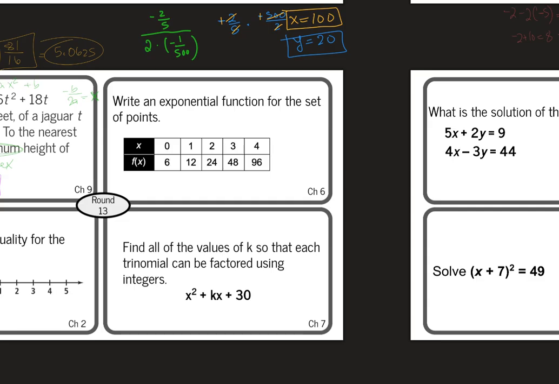Write an exponential function for the set of points. Well, what's happening is we are multiplying by 2, multiplying by 2, multiplying by 2, multiplying by 2. So what that means is it's going to be, well, here's our parent function. Actually, here are the kids. But they are not evil, so they did not include that or that.